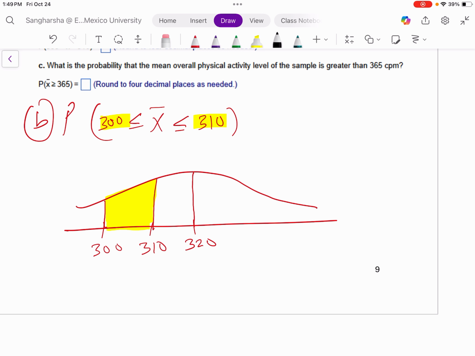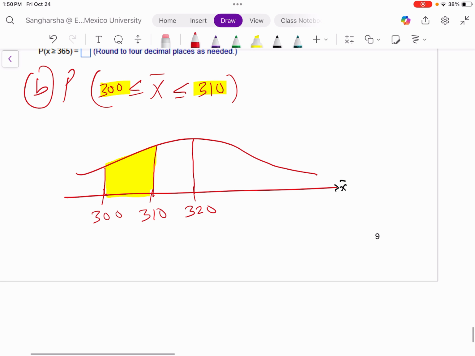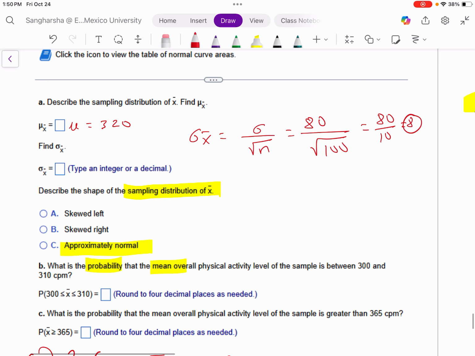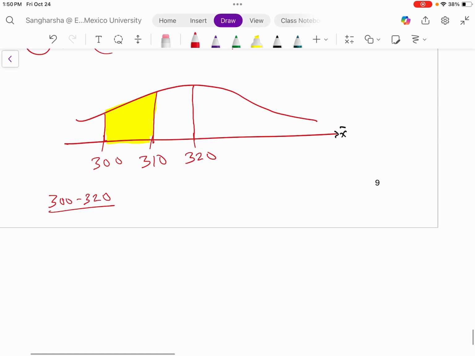Let's convert each x bar into z. For 300: 300 minus 320 divided by sigma of x bar, which is 8. Do not use 100, okay, 8.